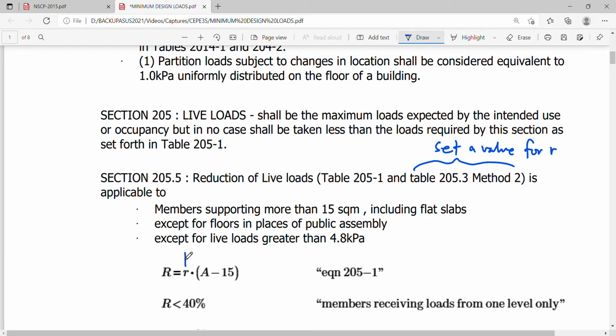Okay, so this R here is simply the rate of reduction given on this table.